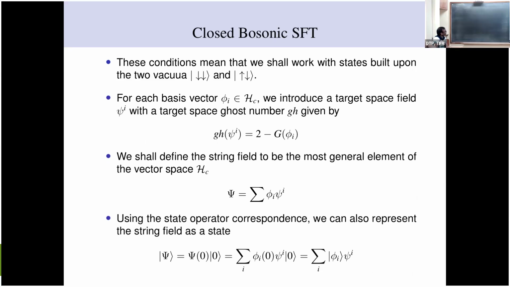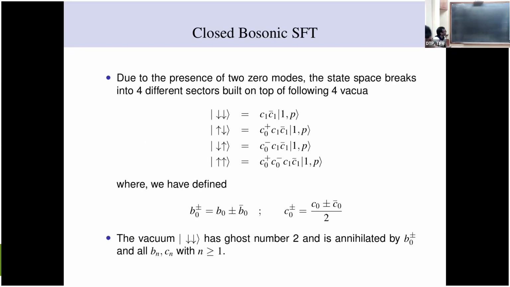Okay. So what this condition means is that we are working only with the states built upon the first 2 vacua we had. For example, if you act with b_0^-, L_0 annihilates everything, but in the last two there is a c_0^-.